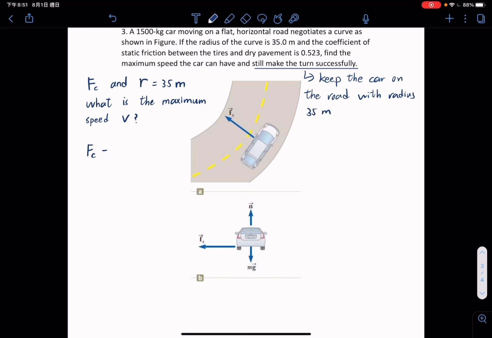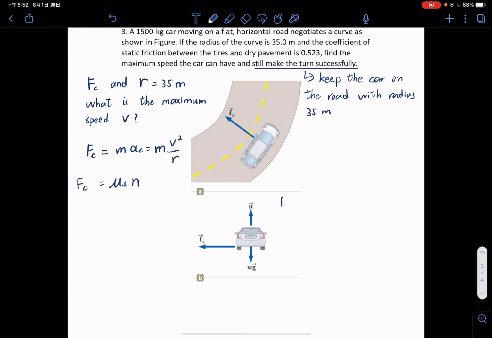between FC, which is equal to m AC, which is equal to m V squared over R. And what is FC? FC here comes from the friction force, which is mu s times the normal force.